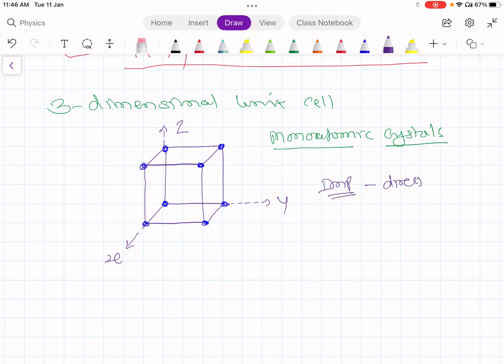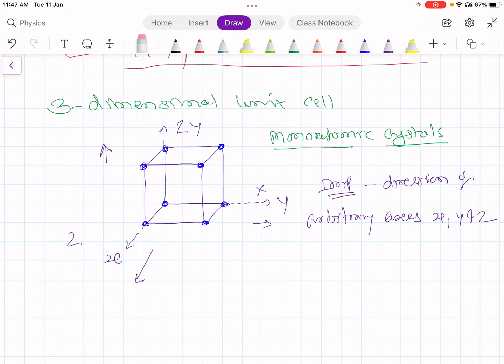Always show this as X, this as Y, and towards the north direction it is Z. Do not ever change. If you take this as X, this as Y, and this as Z, then I will give you 0 marks. So never interchange the direction of the axes. Always keep the same way.